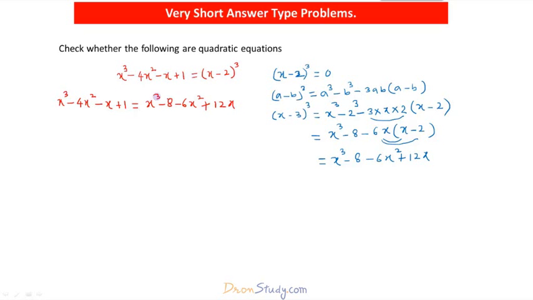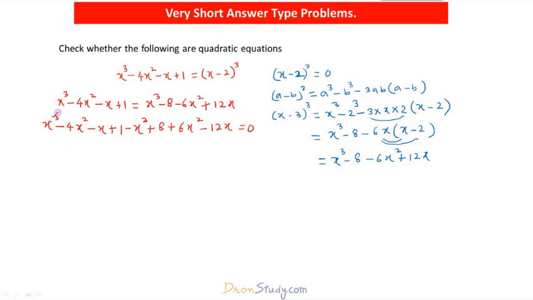Now we will take each and every term from the right hand side to the left hand side, so it will be x cube minus 4x square minus x plus 1. When you shift it to the left hand side, the sign of each term will change, so it will be minus x cube, plus 8, plus 6x square and minus 12x, that is equal to 0.